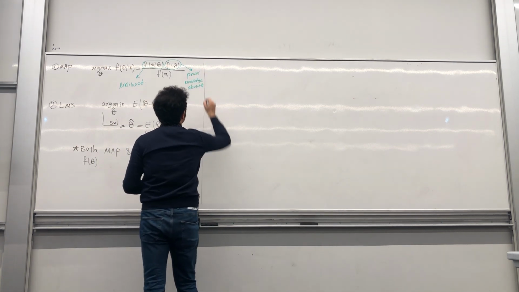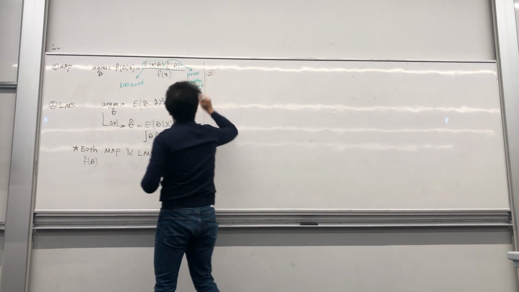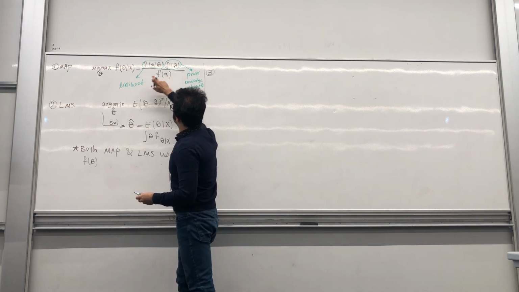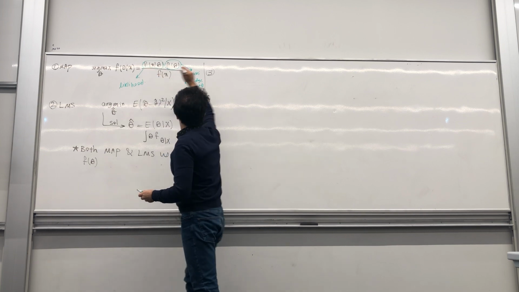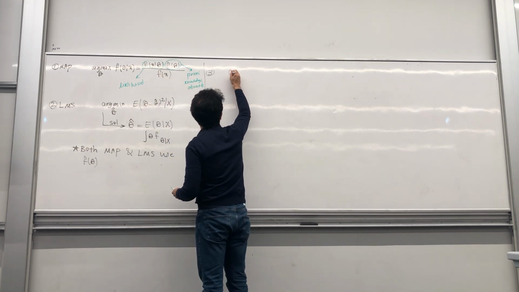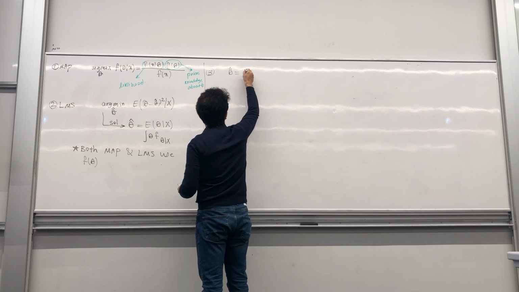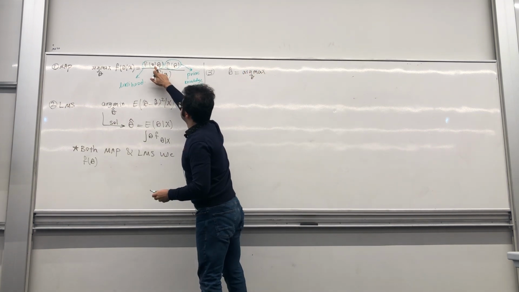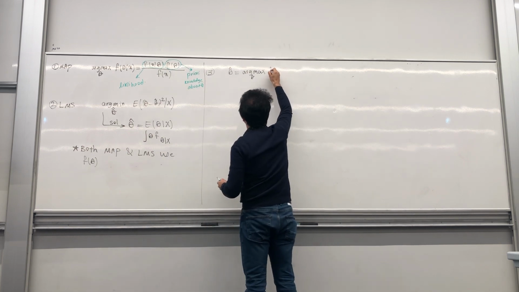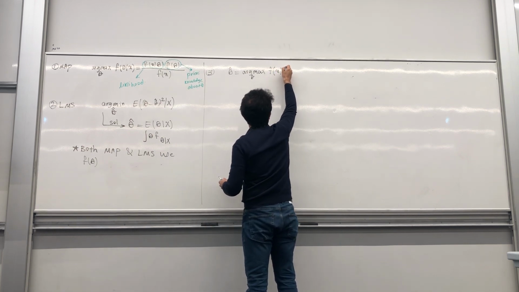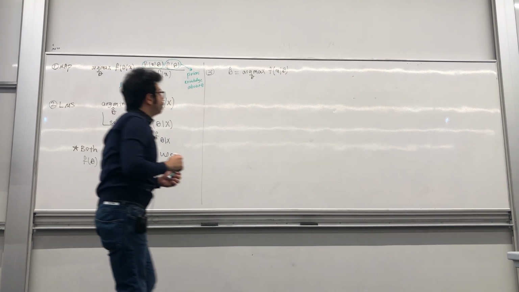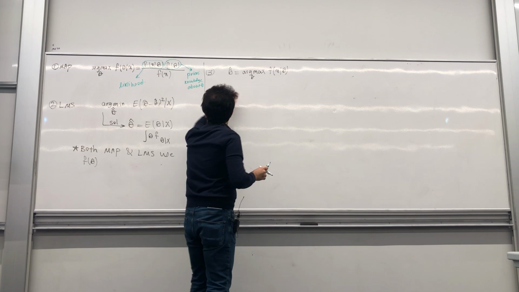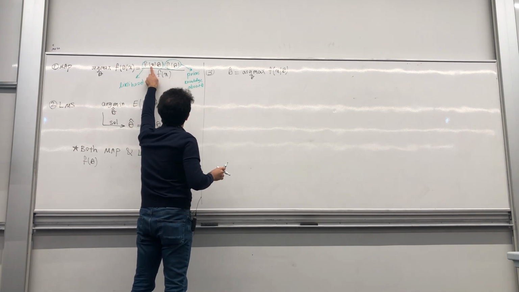But what about the third one, the likelihood estimator? For the likelihood, as its name suggests, we only care about this part. We are trying to find a theta hat such that this term, the likelihood f of x conditioned on theta, is maximum.